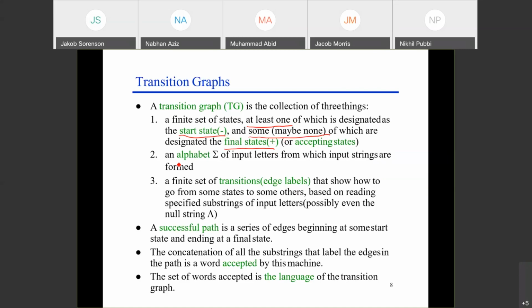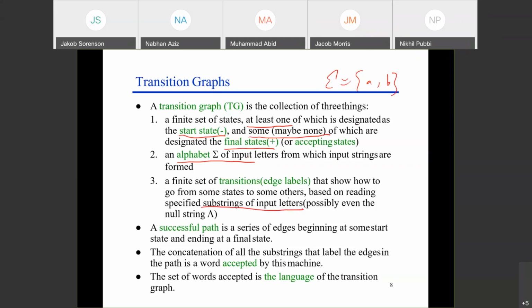This is again the same thing. The input will be from summation, which is A, B. A finite set of transitions that show how to go from some states to others based on reading specified substrings of input letters.